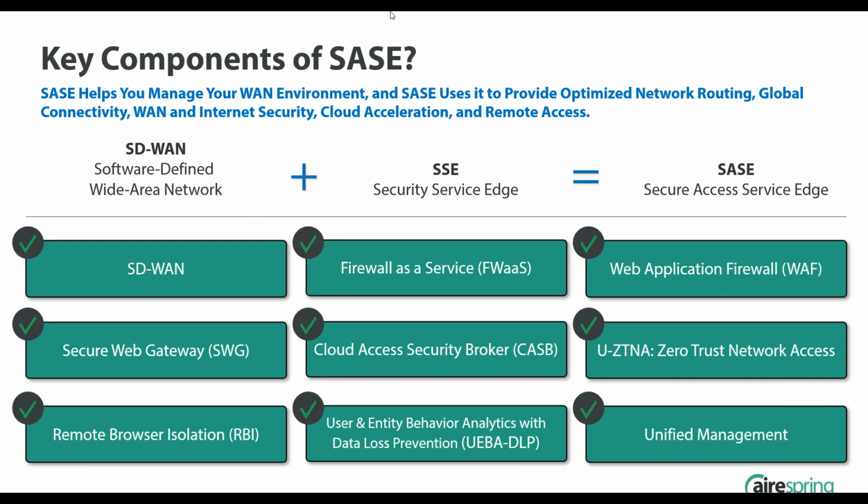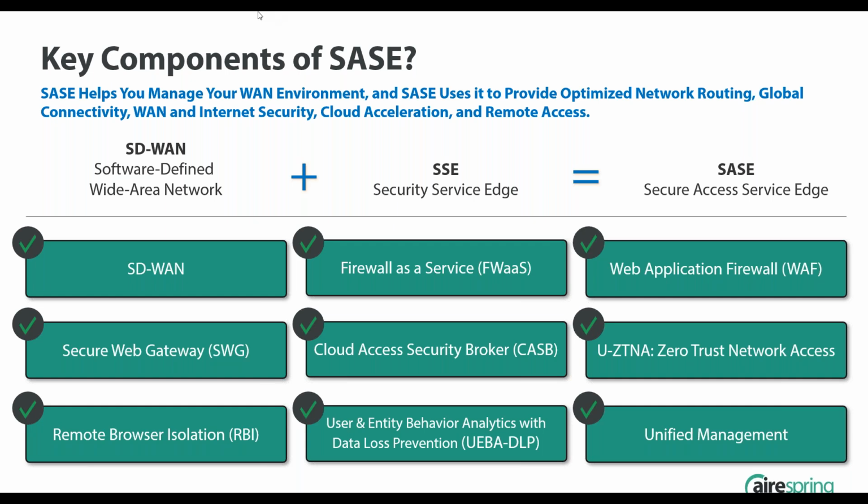CASB, which is Cloud Access Security Broker, CASB for short, helps give visibility and compliance and data protection, right? So for cloud applications. So it enables employees or resources to only access those resources that they are allowed to access. It works hand in hand with the next one, ZTNA, right?